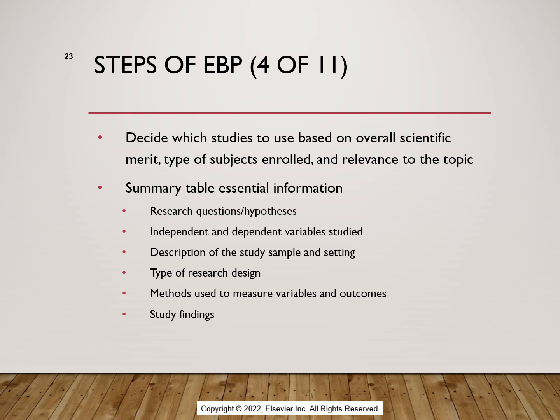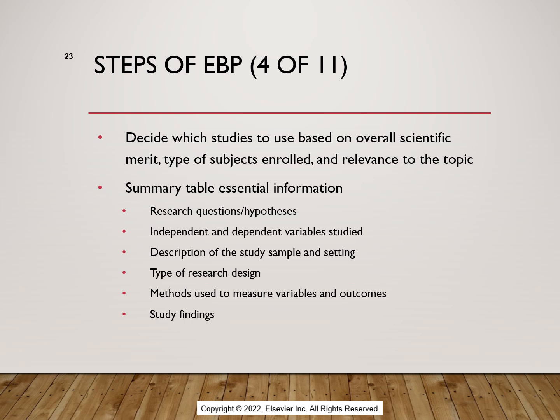You'll have to decide which studies to use, just like you decided which studies to use in this course. A summary table is helpful. This slide says essential, but I did this when I did my dissertation, and it's just a grid along the left-hand side of the table.